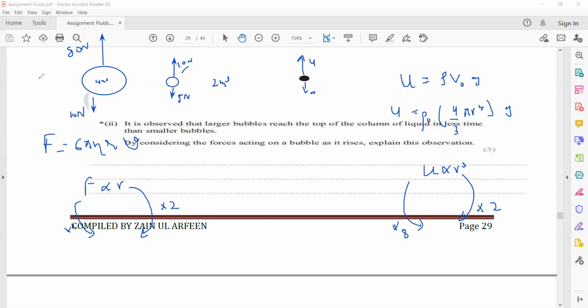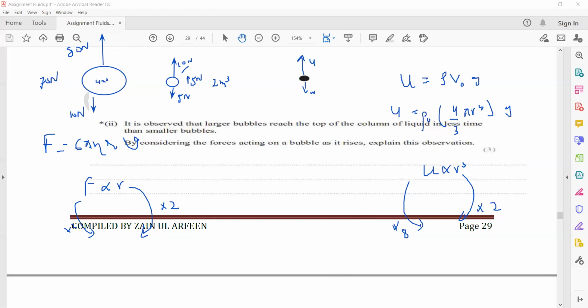So what is the resultant force here? 70 Newton. And here? That is 5 Newton. So changing the size increases the upthrust, so it increases the resultant upward force. That is why large bubbles will reach the top of the column quickly as compared to small bubbles.